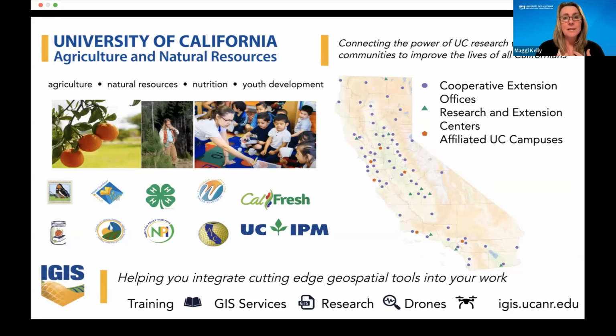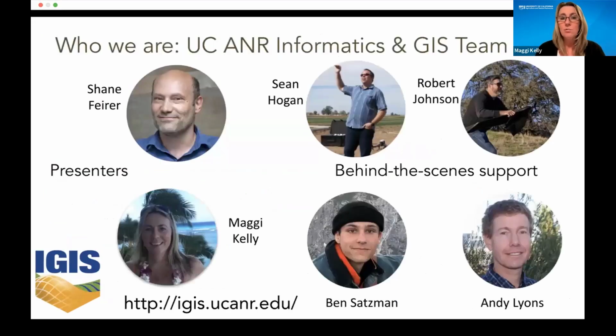We are the Informatics and GIS program, and our mission and our love is helping you integrate cutting-edge geospatial tools into your work. We do this through training like today, through a service center where we can help you complete projects, and through research projects, and we fly a lot of drones. So we're a bunch of mapping nerds who love to help out.